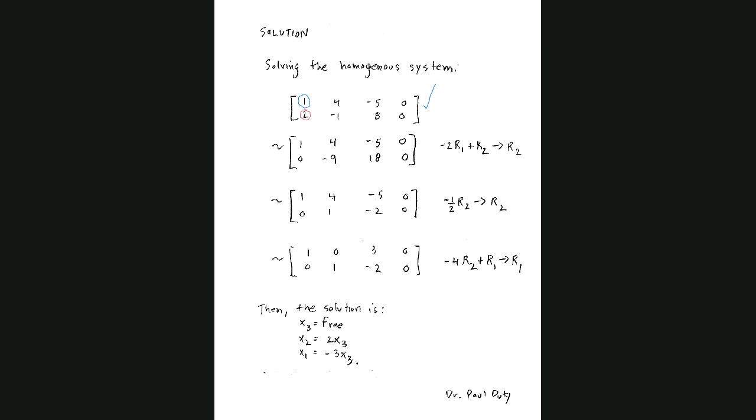I'm going to take the first row, multiply it by -2, and add it to the second row. So I'm taking the first equation, multiplying it by -2 in my mind, then adding it to the second equation, and I replace row 2 with that result.